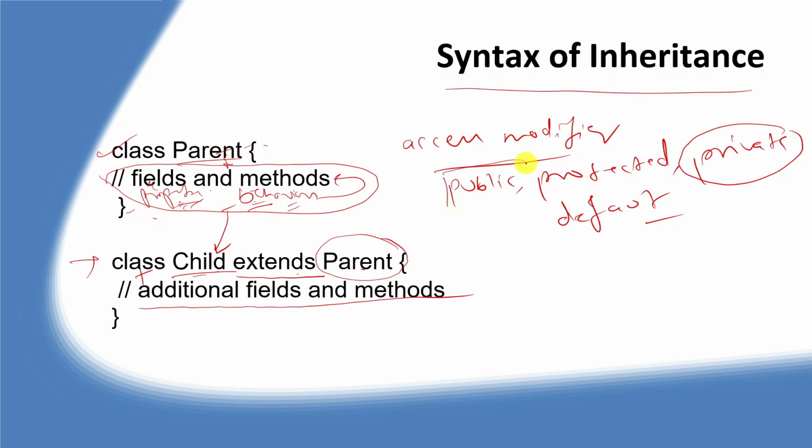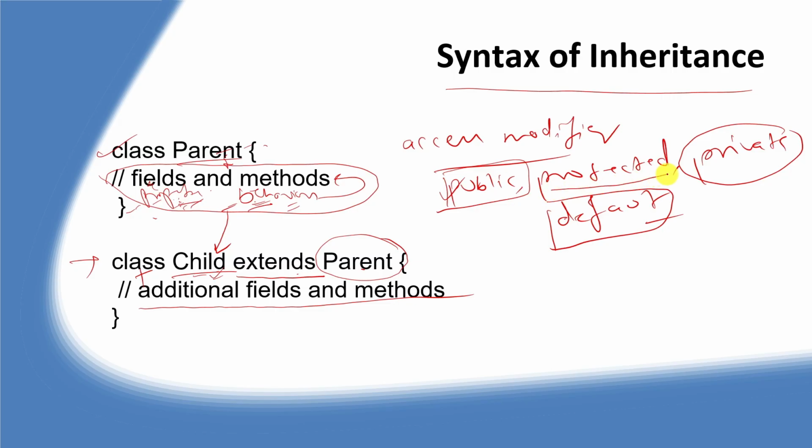If it is public, those properties and behaviors can be accessed within the child class. Default: if both the parent and child class are in the same package and the properties and behaviors have no access modifier, that is, by default, then they can be accessed in the child class.